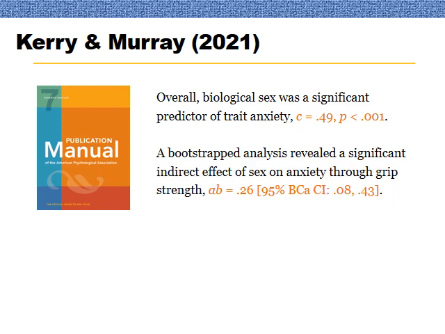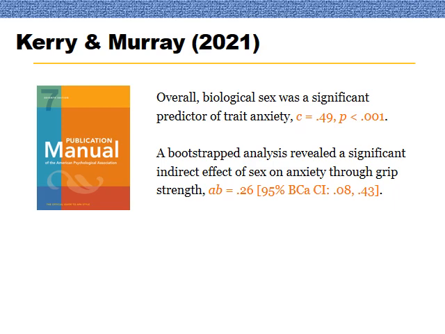Then we talk about our indirect effect. Because we used process, what we did was technically called a bootstrapped analysis. And that analysis revealed that the indirect effect was significant. We can give the magnitude of the indirect effect, which in this case was 0.26, and more importantly, the confidence interval for the indirect effect, which did not include 0.